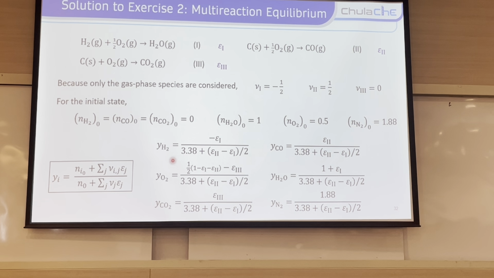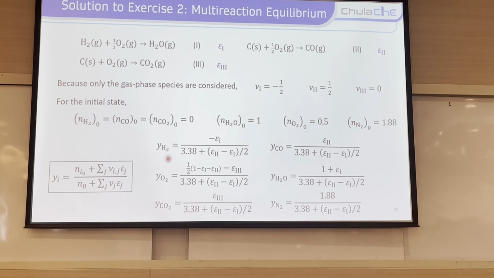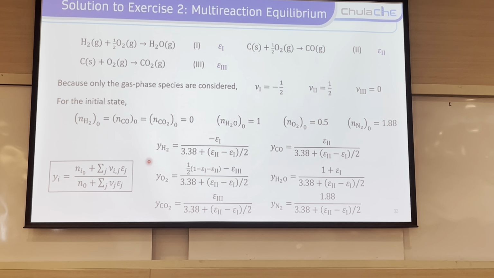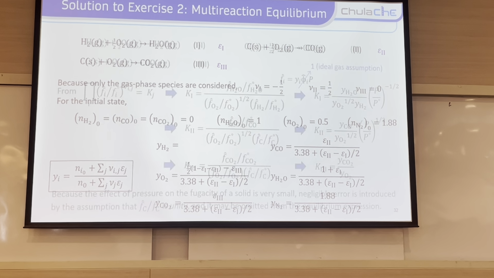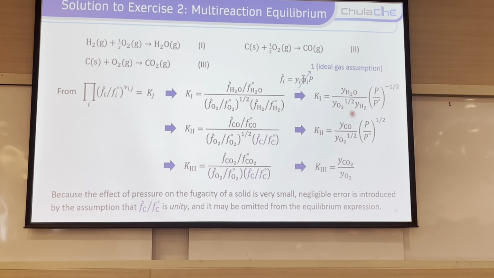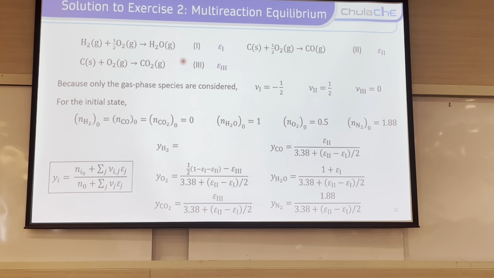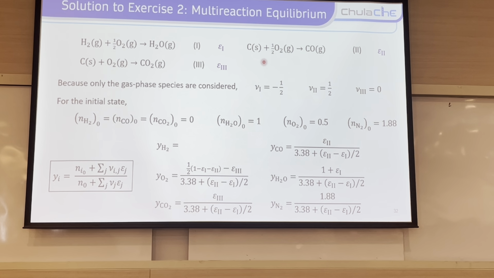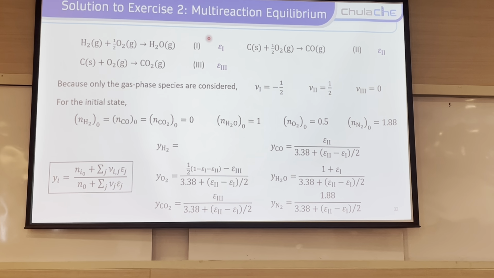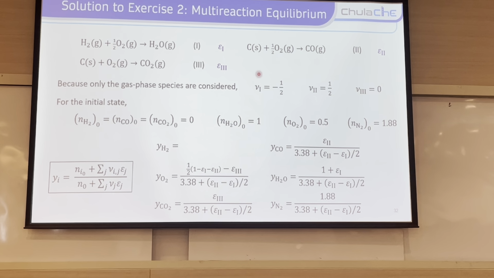And as I said, to determine the mole fractions in the ratio in the equation, you have to know the chemical reactions first. That's why we have to determine what chemical reactions exist or will occur in the system. And now we know that there will be three chemical reactions.